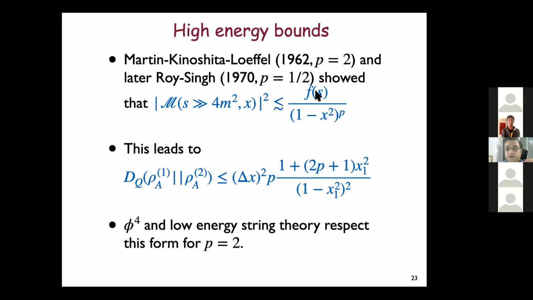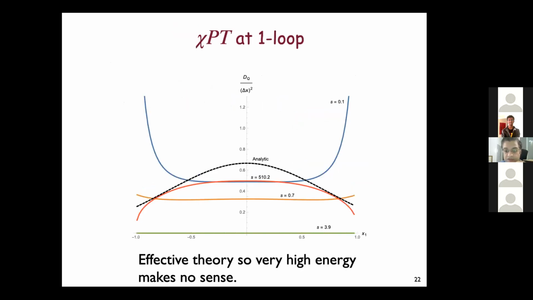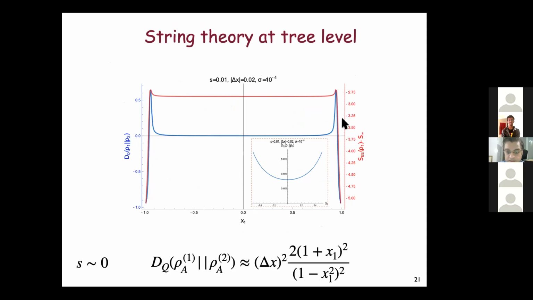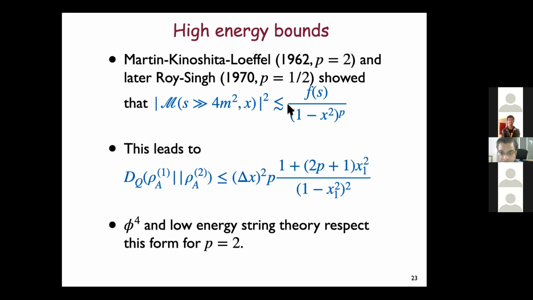Now, this exact dependence is not important for us. What is important is the 1 minus x squared factor raised to some positive power p in the denominator. And this is important because in the specific examples that we studied, I showed you that you have this kind of a peak in the forward and backward limit, and these general arguments also suggest the same kind of peaks.